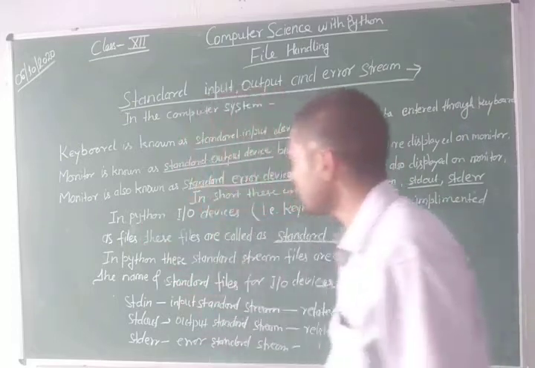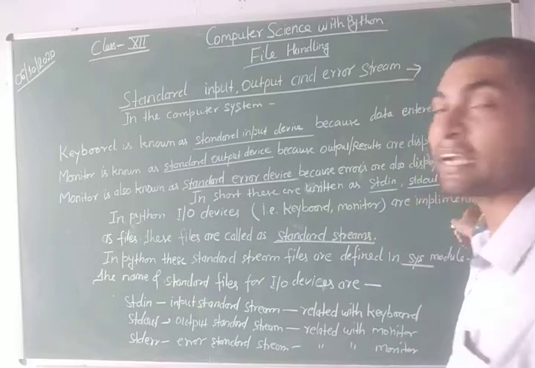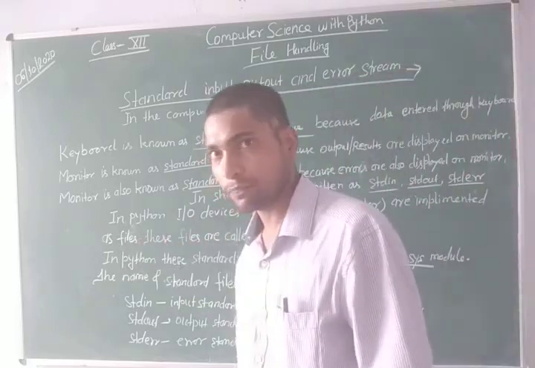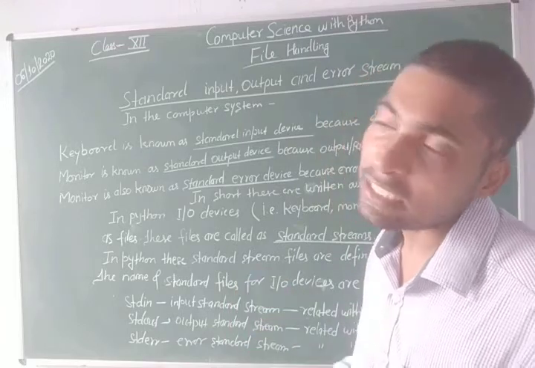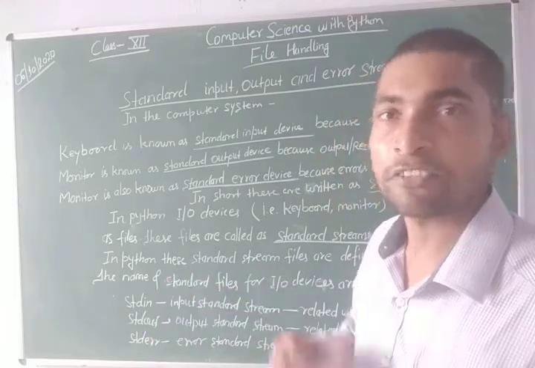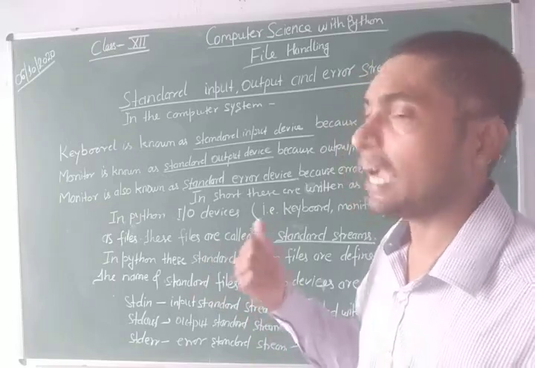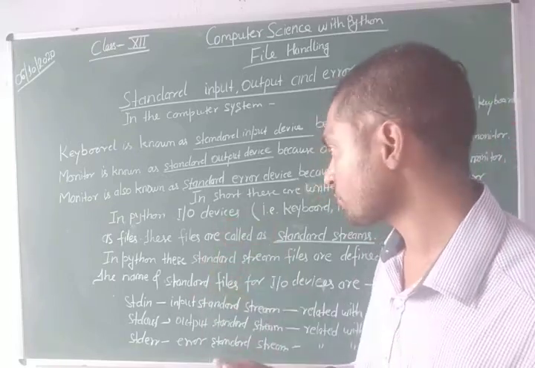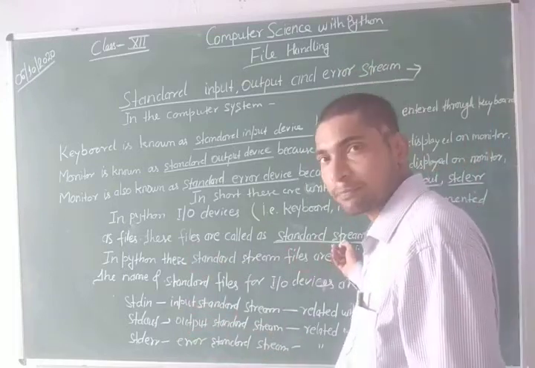In Python, IO devices like the keyboard and monitor are implemented as files. How are the keyboard and monitor implemented in Python? The answer is that they are implemented as files, and the name of this file is standard stream.